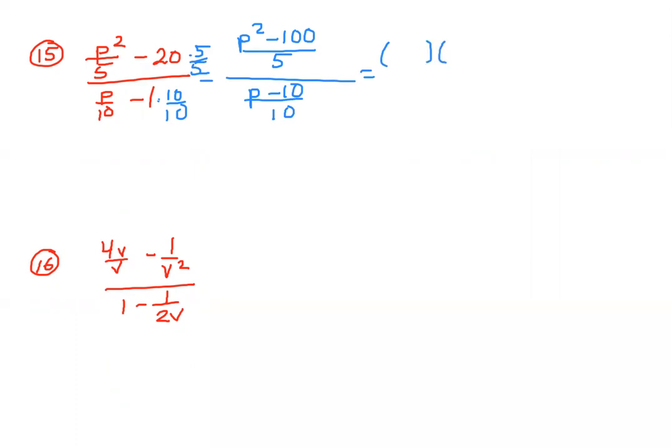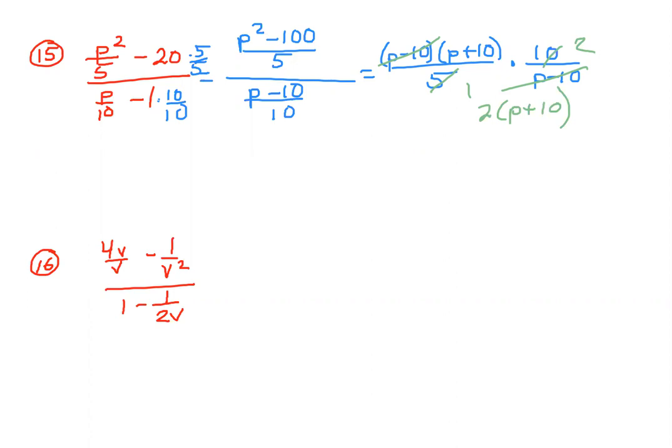Now, p squared minus 100 is a difference of two perfect squares. I take the reciprocal of the denominator, and then I start canceling, and I get 2 times p plus 10 for my answer there.